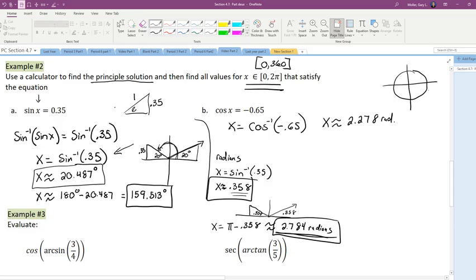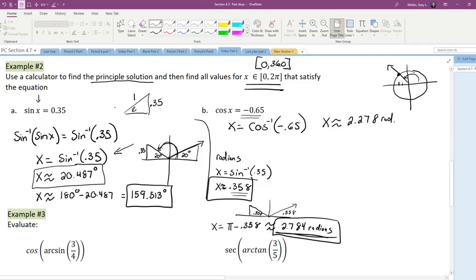So what I've just found out, I've asked it when is cosine at negative 0.65. So if we think about a unit circle, 0.65, halfway would be 0.5. 0.65 we'll say is about here. So we're looking for that. And what we just did when we did the inverse cosine of negative 0.65 is we got this answer, which is 2.278 radians.